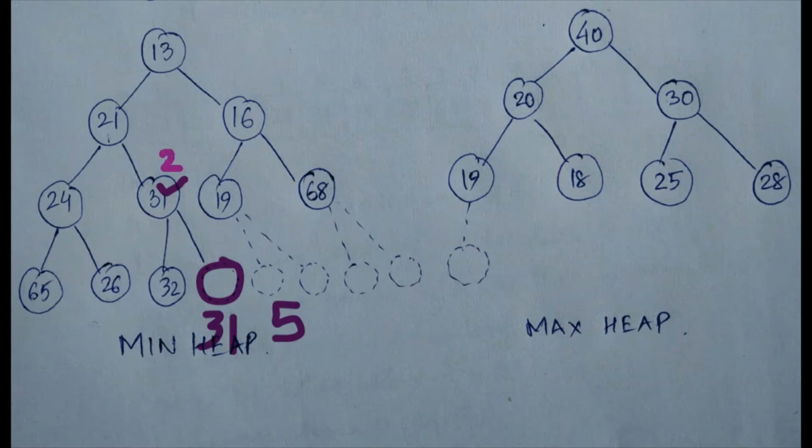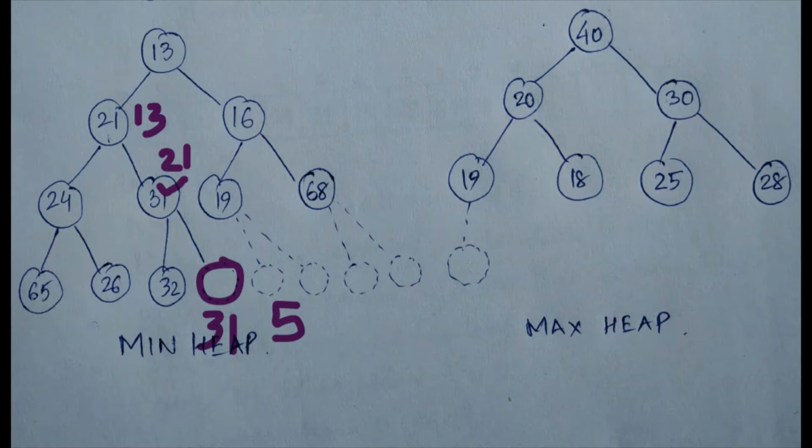So 21 goes here, it overwrites. Okay, then let's say, can I put 5 here? No, because 5 is less than 13, so 13 will come here. And when I reach this point, can I put 5 here?